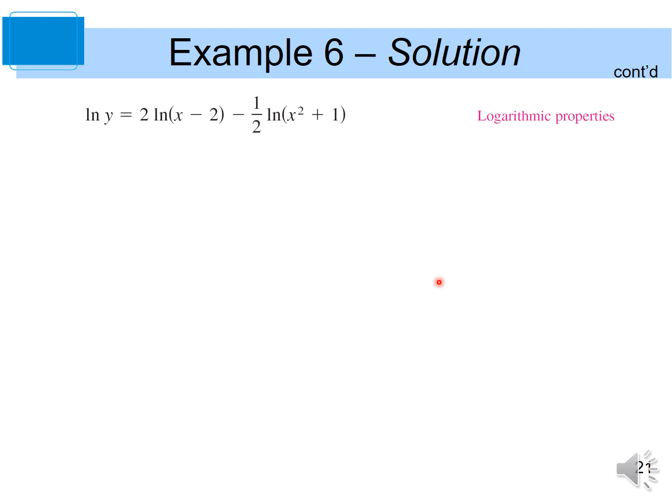After we apply natural log on both sides of the equation, we can use the natural log property where we convert the division into a minus.